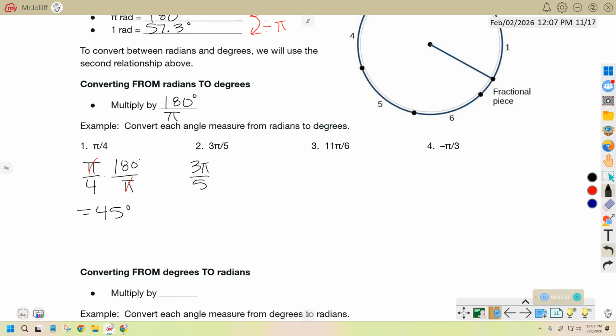Multiply by 180 over pi. Very good. What happens to the pi's? They cancel. That almost always happens because we almost always report radians as exact values with pi's in them. Yeah, good. So I need 3 times 180 divided by 5.